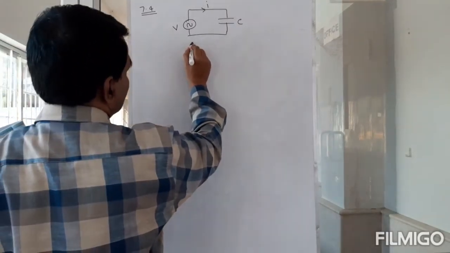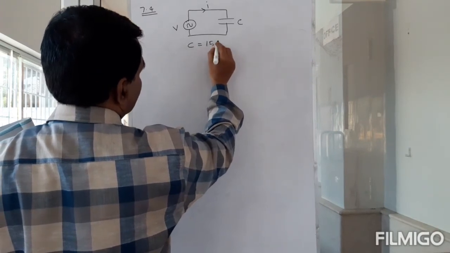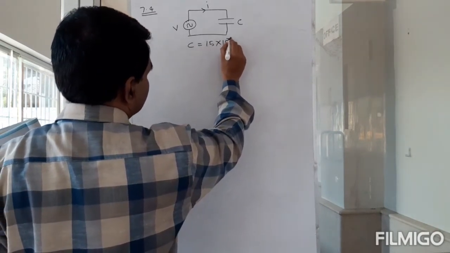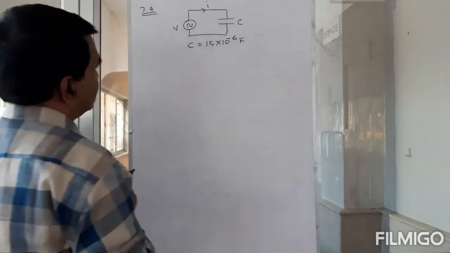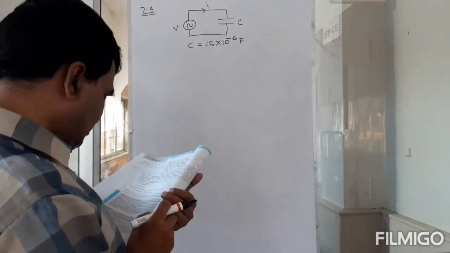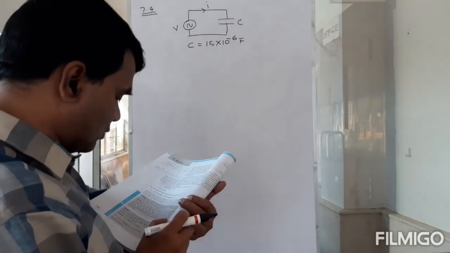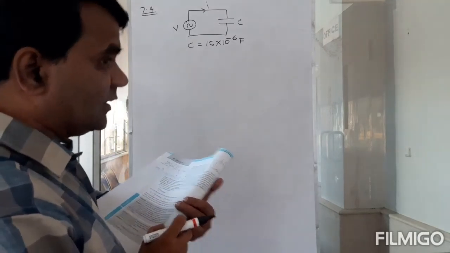The C value given is 15 microfarads, which means 15 into 10 power minus 6 farads. It is connected to a 220 volt 50 hertz source.